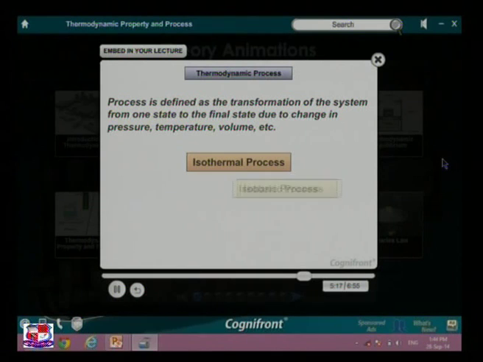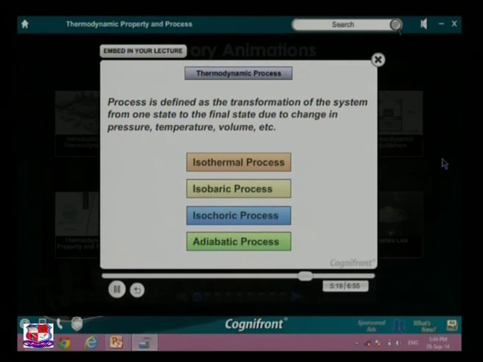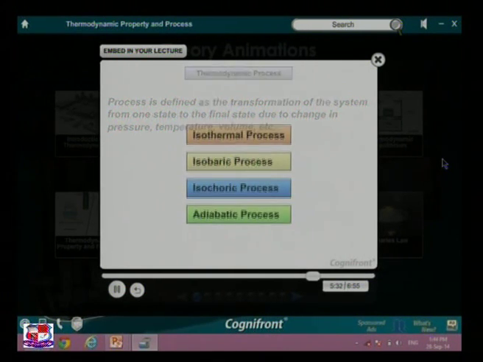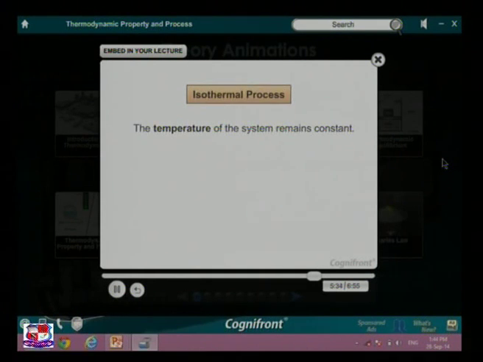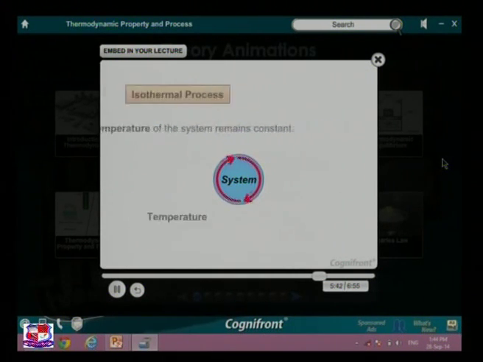The various types of thermodynamic processes are isothermal process, isobaric process, isochoric process, and adiabatic process. Isothermal process is a process in which the temperature of the system remains constant.